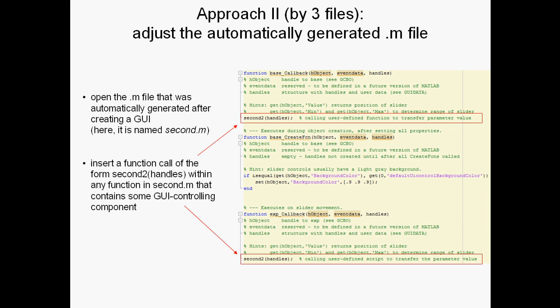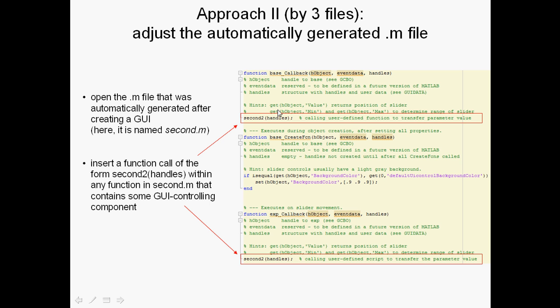And finally, we need to adjust the automatically generated M file. However, the adjustment here is very simple. We open the file and we insert a function call of the form second2 with the argument handles within any function in second.m that contains some GUI controlling components as it's shown here.